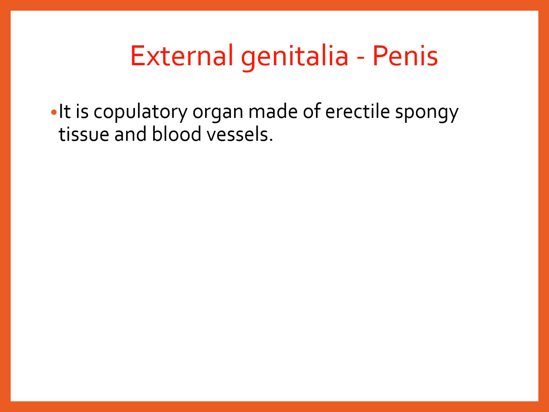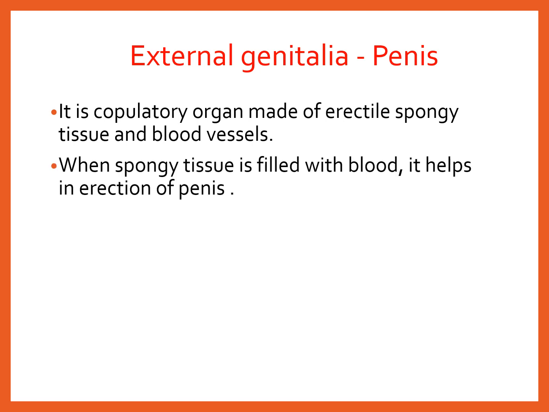External genitalia, that is the penis. The penis is the copulatory organ made of erectile spongy tissue and blood vessels. When the spongy tissue is filled with blood, it helps in erection of the penis. It facilitates insemination. So what is insemination?